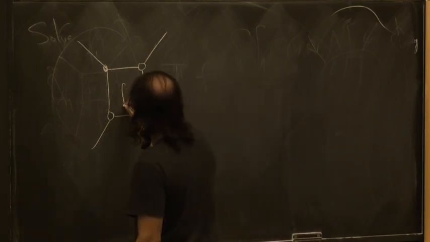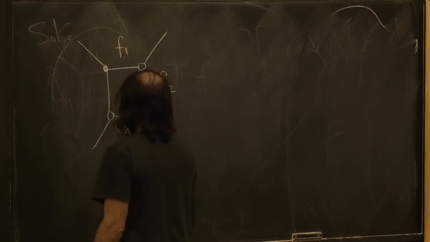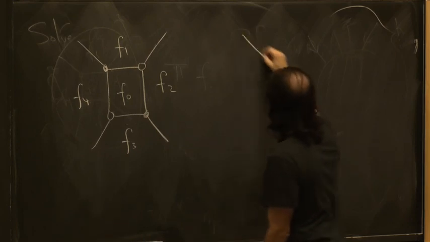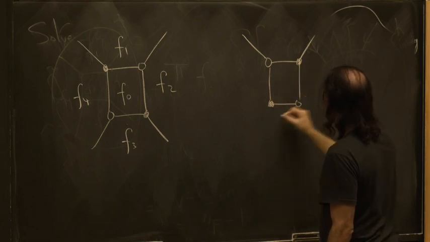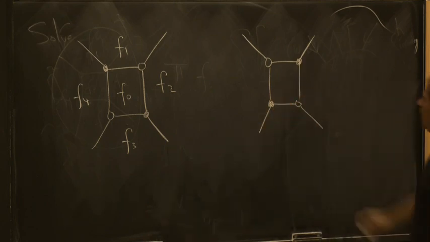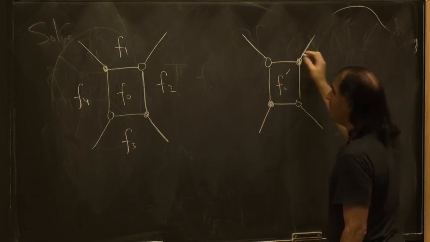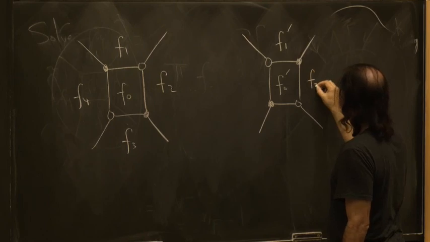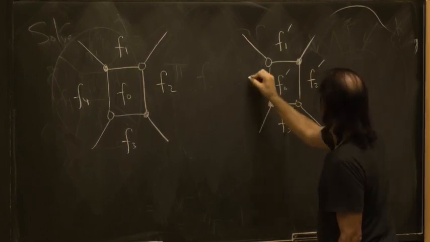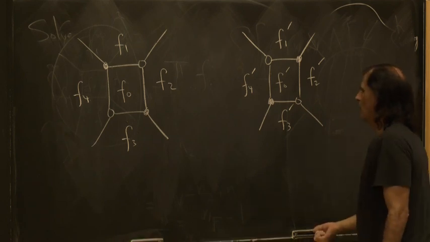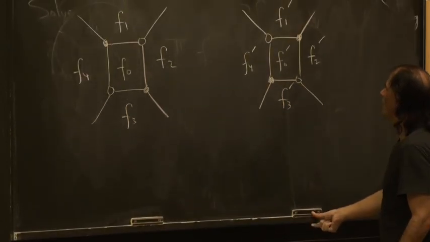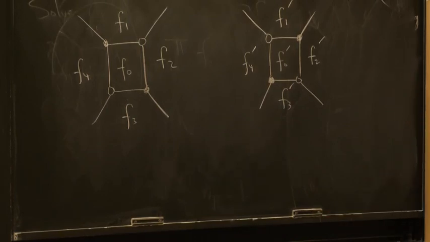If you give me this square, and let me represent it invariantly in terms of the face variables, and the other square where I color the vertices oppositely, then in order to represent the same point in the Grassmannian, I do have to change the variables. This is the change.